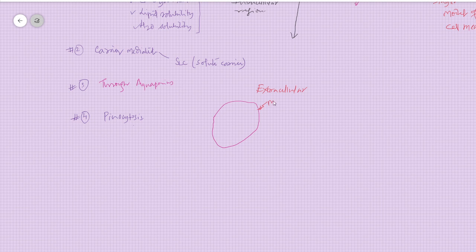This is the membrane and that is the intracellular environment. Pinocytosis is when a drug is there, it dissolves in liquid and then the cell membrane invaginates and takes in the drug molecule within the cell.